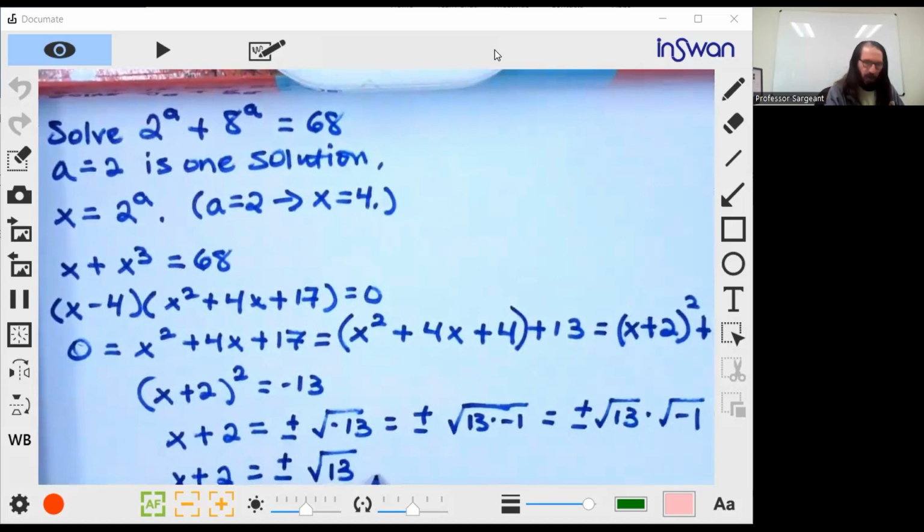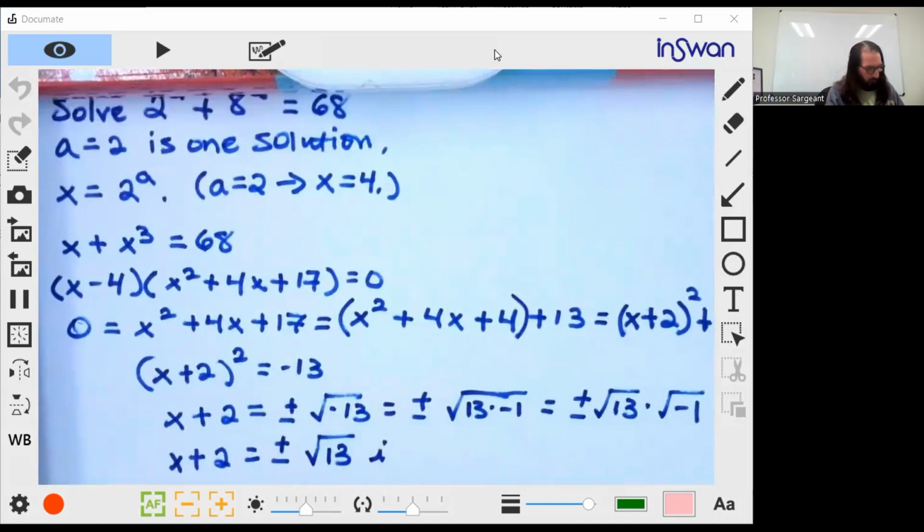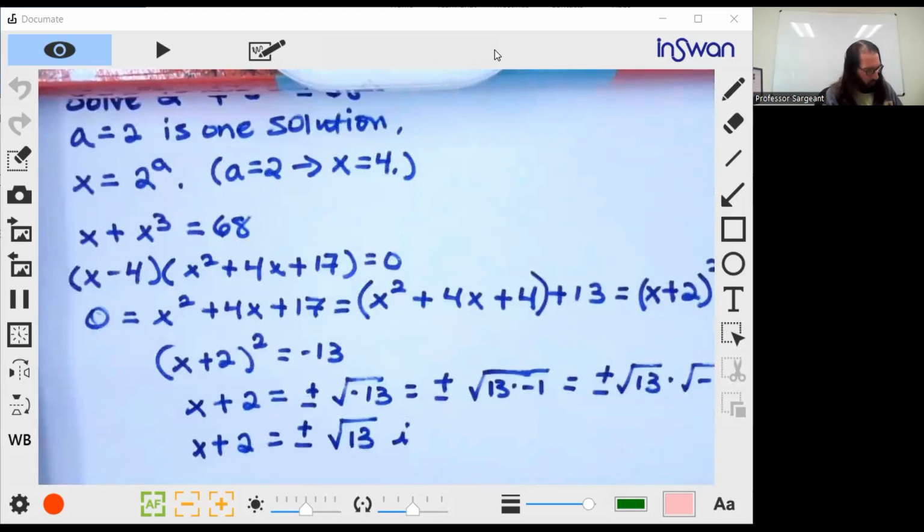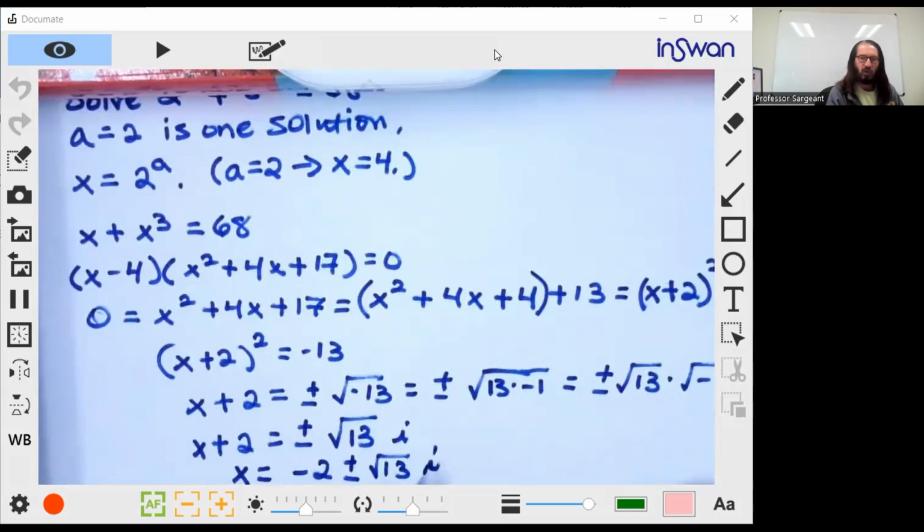Some like to write the i in front of the roots. If you write it afterwards, make sure it's clear that it is outside of the roots. And then one more step, and subtracting 2 gives us that x equals negative 2 plus or minus the square root of 13 times an i outside of the radical.